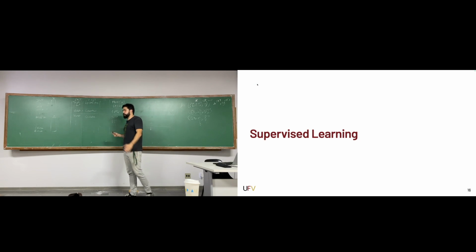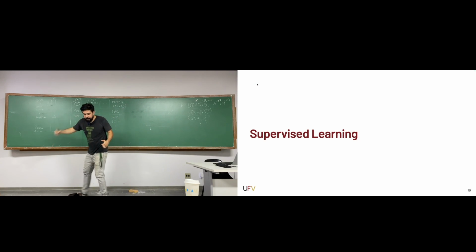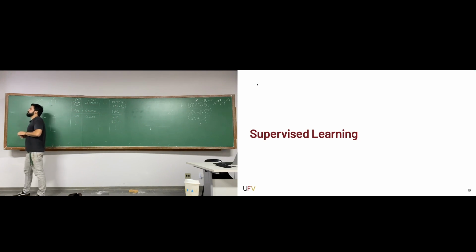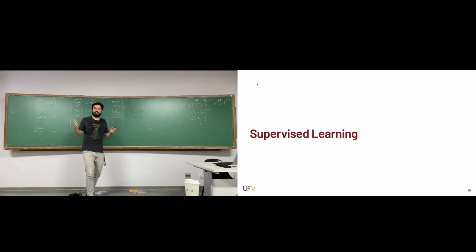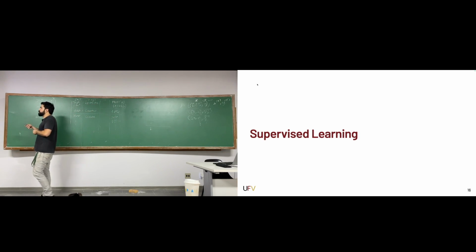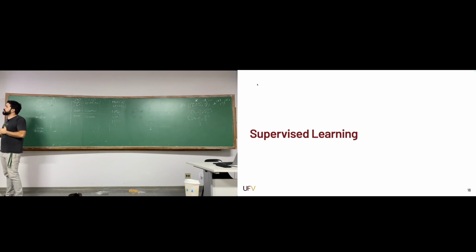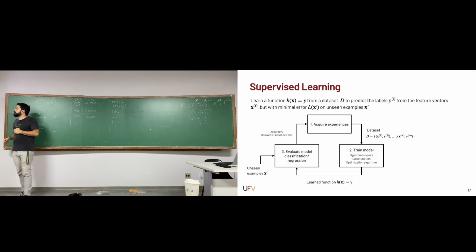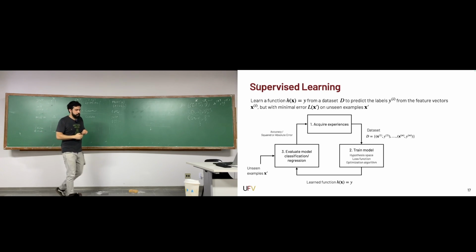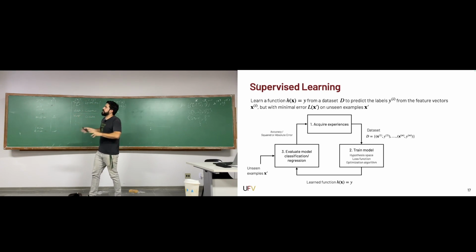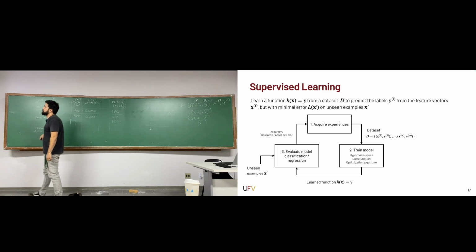All right, so from now on, we're going to be, for a long time, talking about supervised learning problems. So whenever I say machine learning now, you can think of supervised learning problems, because most of the problems we're going to talk about are supervised learning problems. So let me bring back this diagram, now framed as a supervised learning problem.